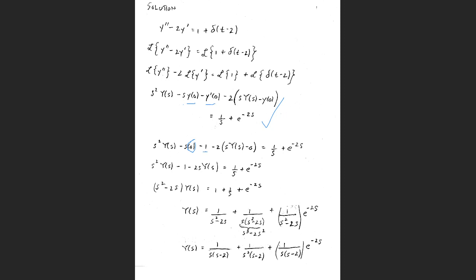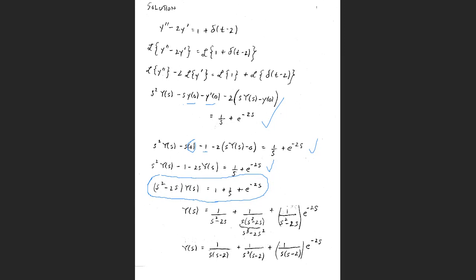And so I rearrange the left-hand side. After a couple of steps, the left-hand side is going to be equal to s squared minus 2s, that quantity, times the Laplace transform, which we denote by big function Y of s. That will equal 1 plus 1 over s plus e to the negative 2s.